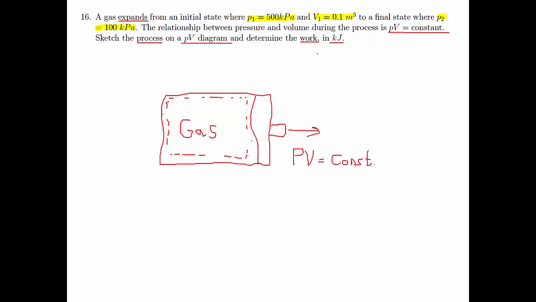Now we need to determine the amount of work done. We know the gas is expanding, so it's positive work done by the gas on its surroundings. I know that because I already know a little bit about ideal gas. And also you will need to know how to determine the work based on a process drawn on a pressure volume diagram.